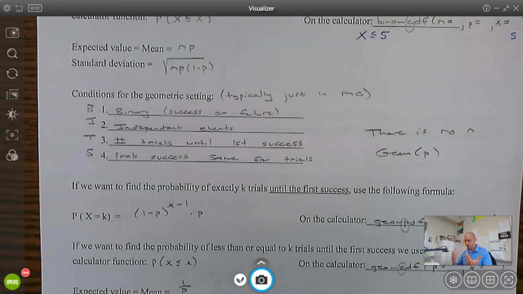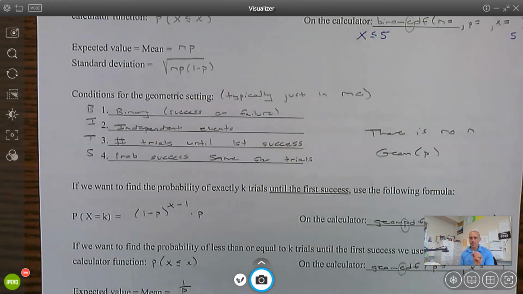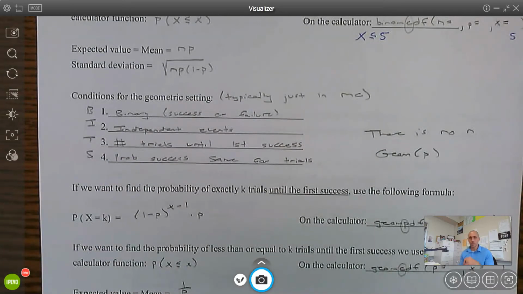That's for binomial. For geometric, this is like the wait time distribution. How long until the first success? And typically this is just showing up in multiple choice. Occasionally it's showing up on the short answer. The BIS are the same. T is the number of trials until the first success. So there's no fixed number of trials.